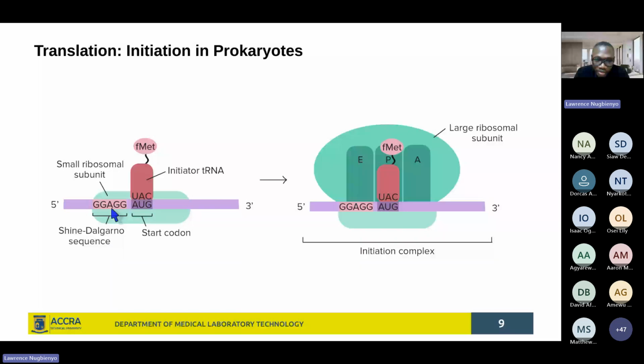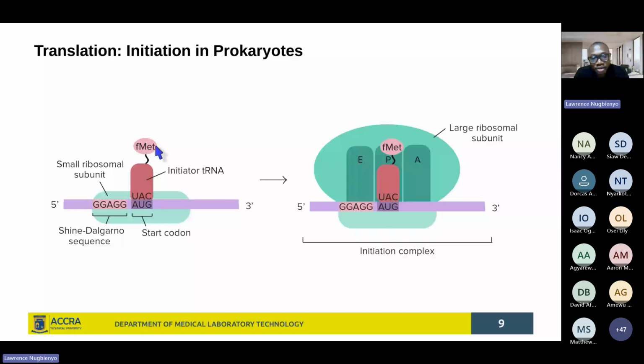So that's one difference. Then another thing is that in eukaryotes, I mentioned that the initiation amino acid, that is the amino acid which starts the process of translation in eukaryotes, was methionine. In bacteria, it is a modified form of methionine, formyl methionine.